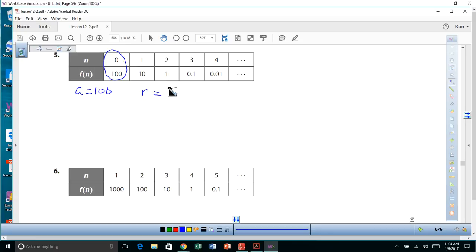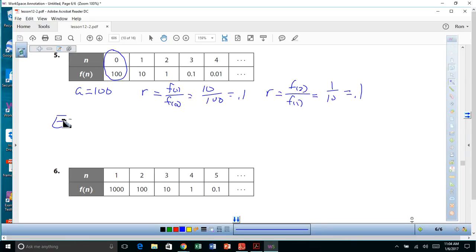R is going to be f of 1 divided by f of 0, which is 10 divided by 100, which is 0.1. Try another one just to be sure, and that would be f of 2 over f of 1, which would be 1 over 10, which is 0.1.